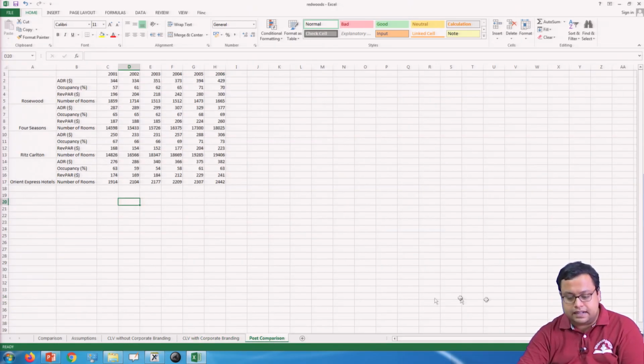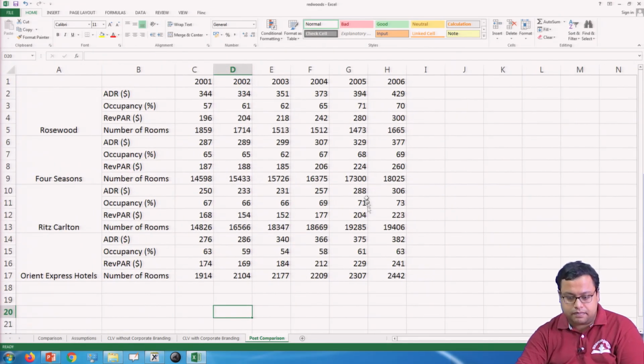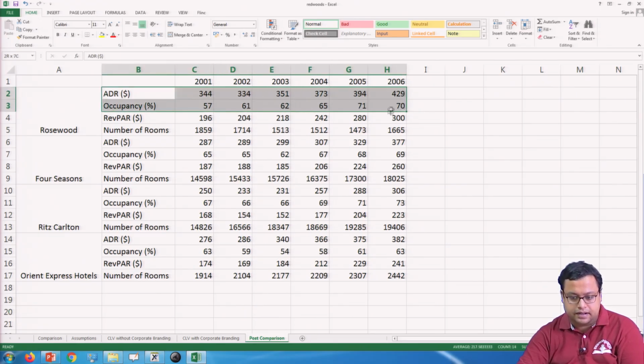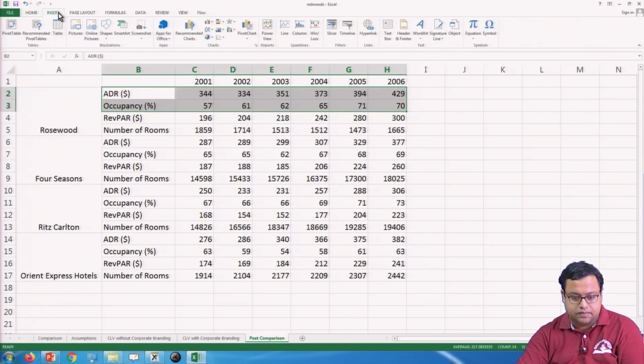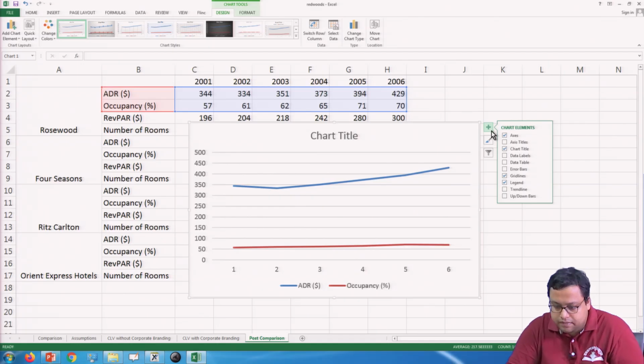Now, they did that actually, and this was their situation. If I just plot the occupancy rate and the ADR, just two things I will plot, the occupancy rate and ADR, just 1 minute.